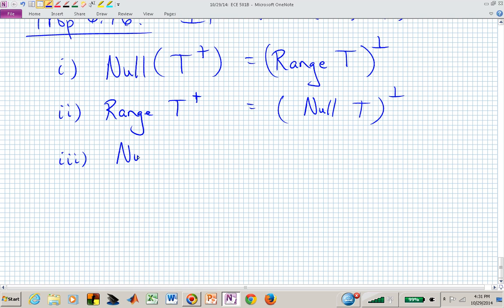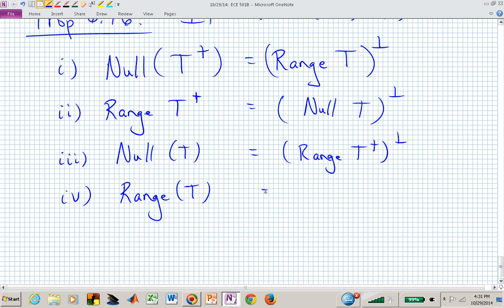And we can also say that the null space of T is the orthogonal complement of the range space of T dagger. And finally, the range of T is the orthogonal complement to the null space of T dagger.